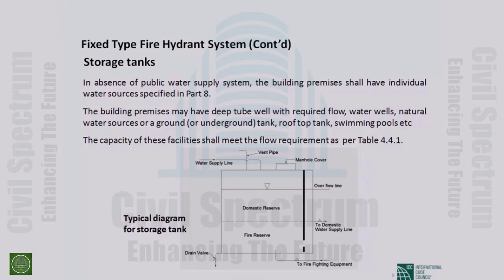This is to ensure the fire water reservoir, such that there will always be a level of water in the reservoir. You can see the tank here. If you use a single tank for your domestic supply and fire reservoir, your domestic supply line should be opened at a certain height such that there will always remain some fire reserve water.